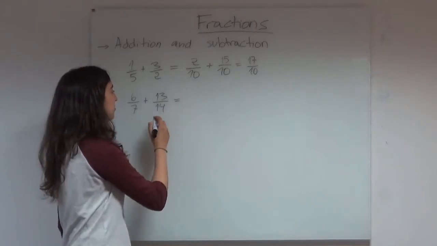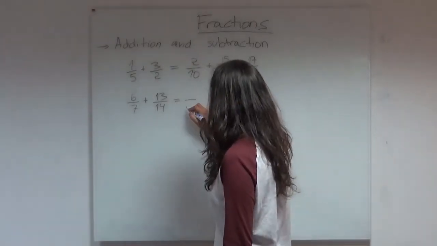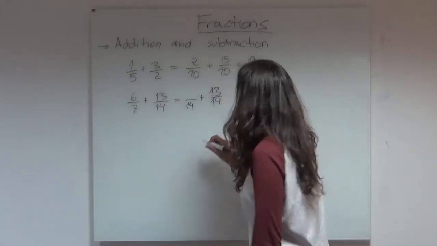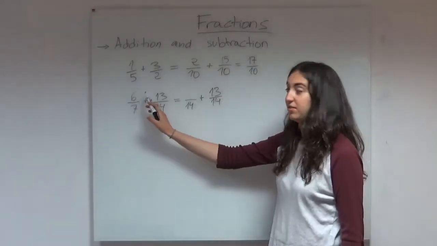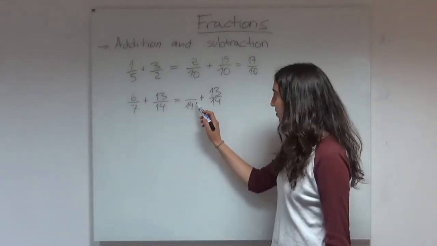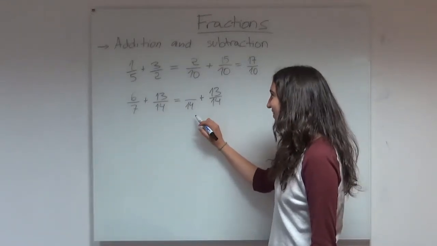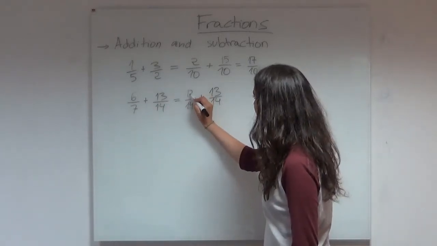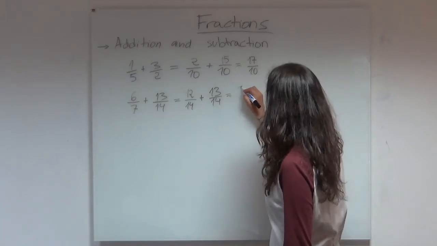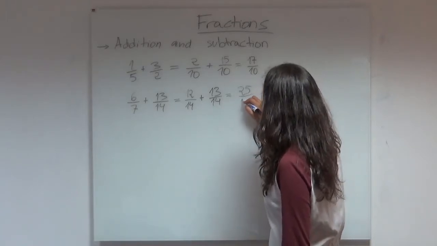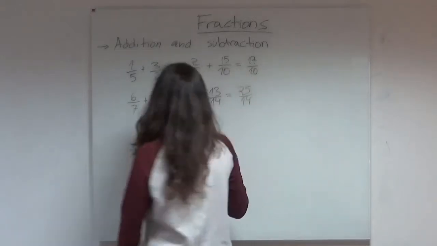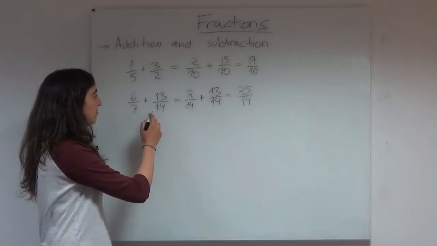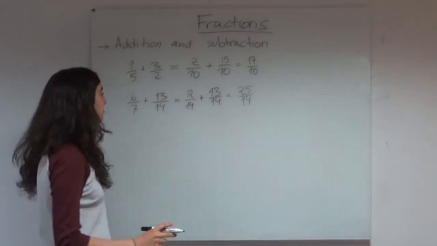So then we don't have to transform the second fraction, we would just have to multiply this numerator by 2 to make the denominator 14. So then 6 times 2 is 12, and then this would just be equal to 25 over 14. So whenever there's a common factor between both denominators, one of the fractions doesn't need to be modified.